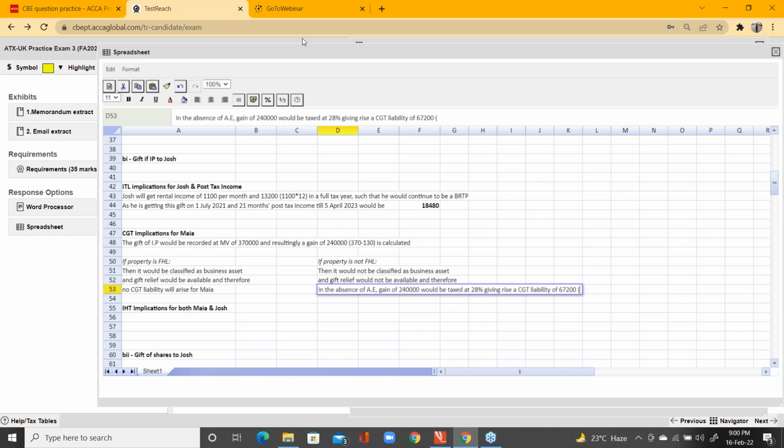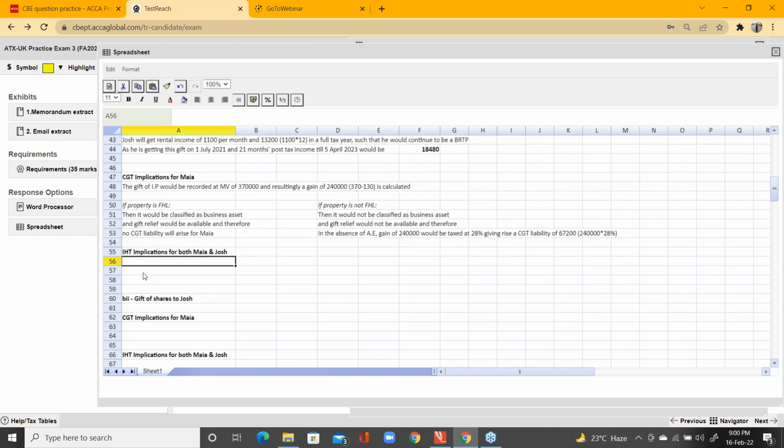By the way, 240,000 multiplied by 28% gives you a capital gains tax liability of 67,200. So these are the CGT implications for Maya under both assumptions, whether this property is FHL property or not.